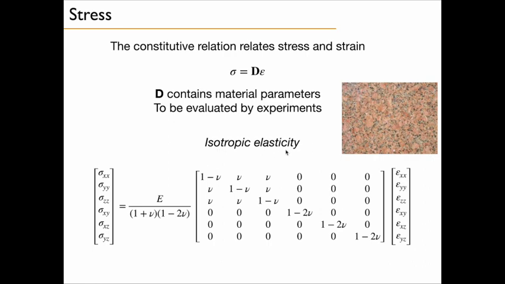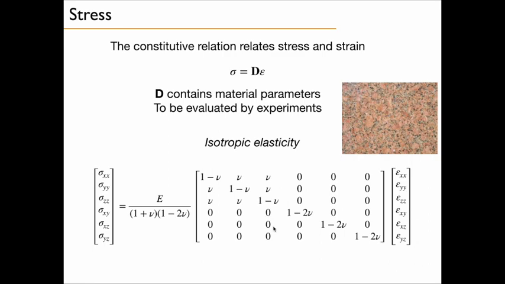So in isotropic elasticity, we will need only two coefficients to express this matrix. These two coefficients would be, in our case, the Young's modulus E and the Poisson ratio nu.